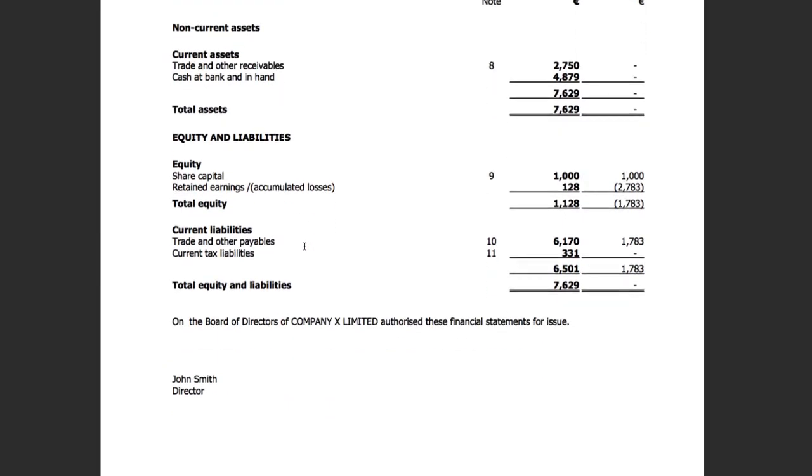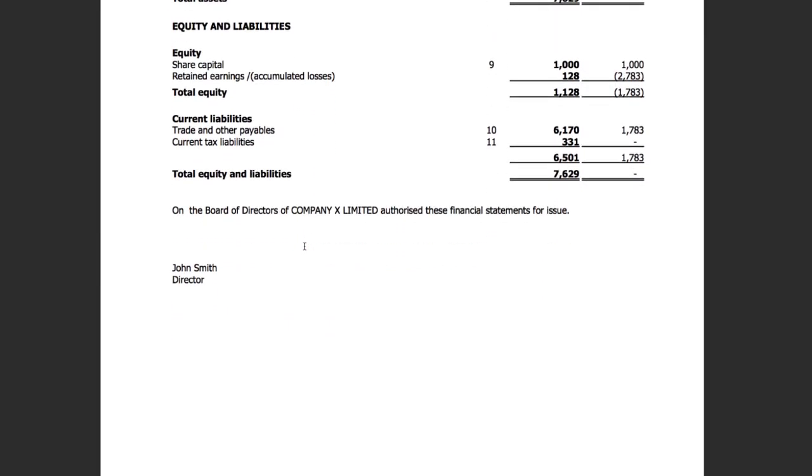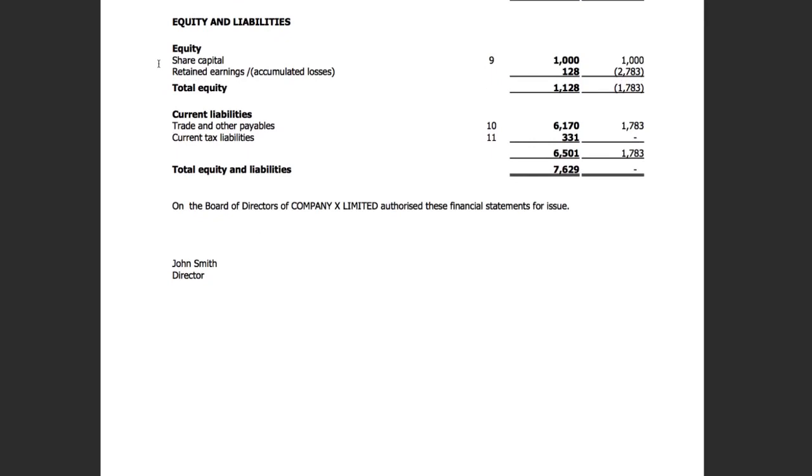If we move on to the second part of the balance sheet, we're going to see that the equity, which is the share capital, is 1,000, which is the standard share capital introduced in all small Cyprus companies, and that the profit for the year to date up to 31st of December 2016 is 128 euros. So this company up to the 31st of December 2016 has managed to make 128 euros only worth of profit.